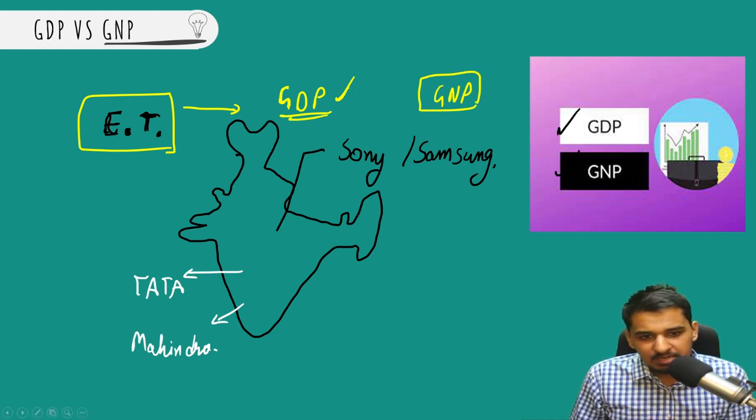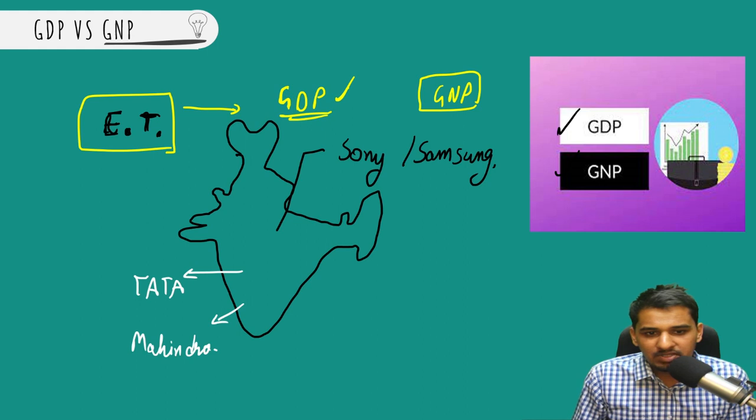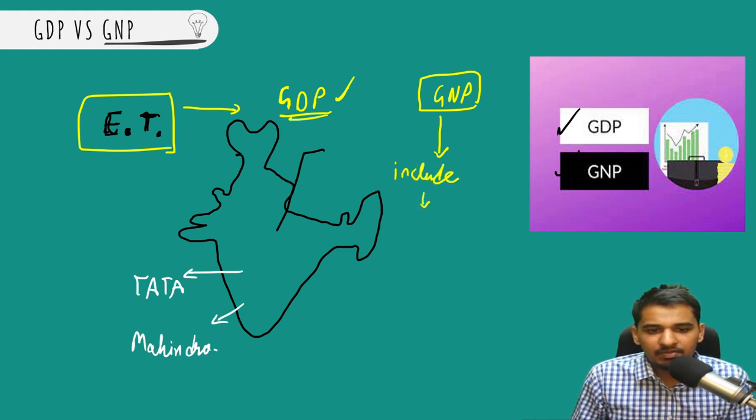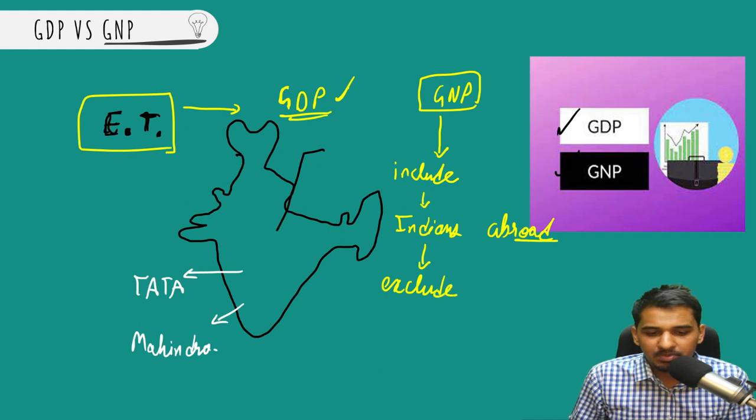The concept of GNP is a little bit different. In case of GNP, let me rub a little bit here to make space. In case of GNP, what will happen? You will include the income of Indians who are abroad, Indians or Indian companies who are abroad. But you will exclude the incomes of foreign corporations or foreign nationals in India.